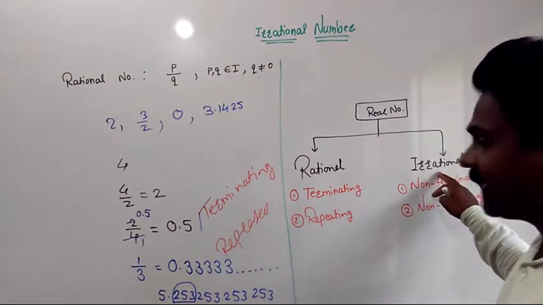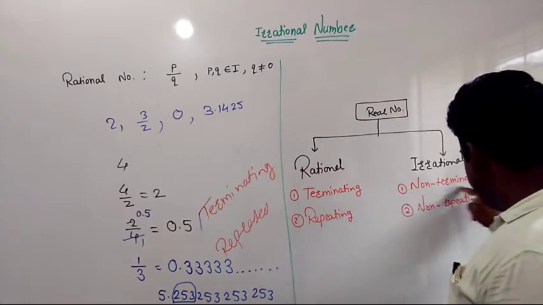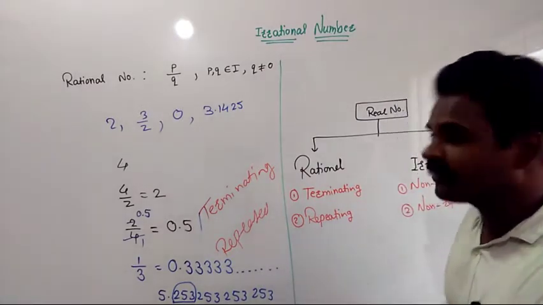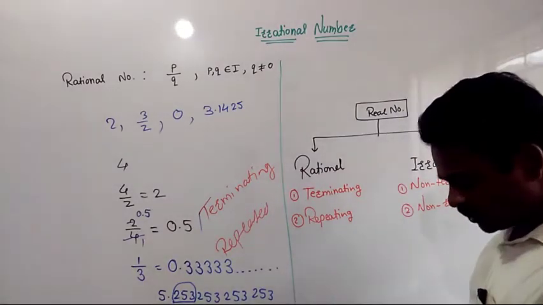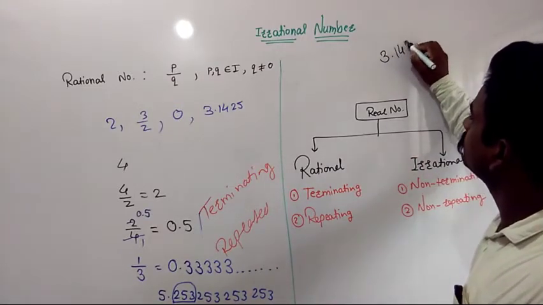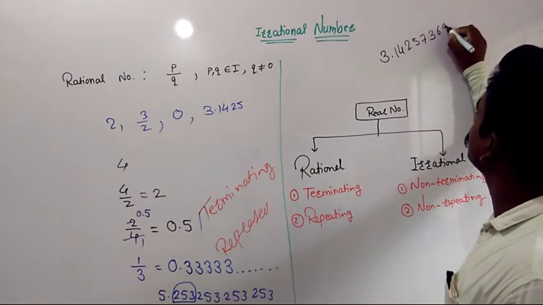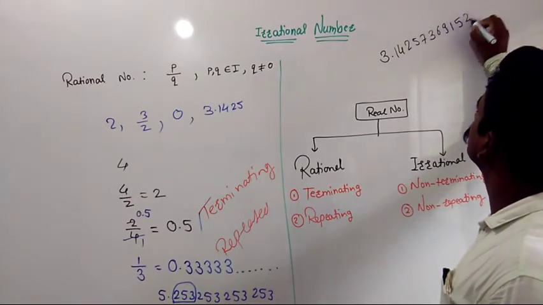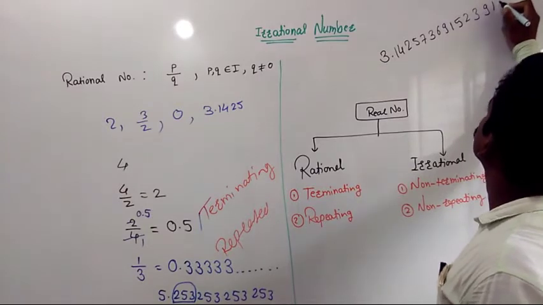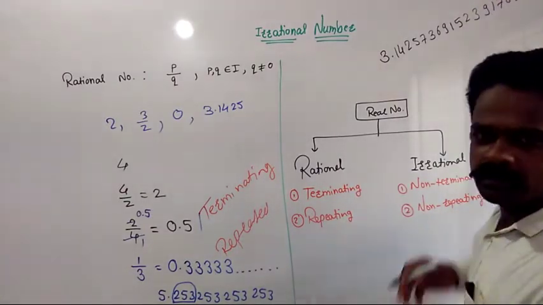But irrational numbers have non-terminating fractions. Non-terminating means something like 3.14257369152391 76, and so on.